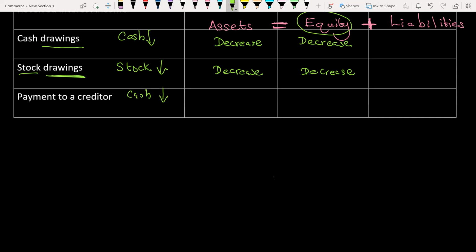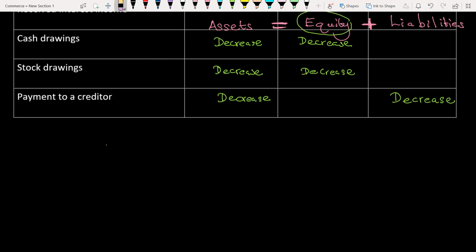This means assets of the business decrease, and creditor is a liability. So the total value of creditors of the business reduces because the business pays cash and settles its liability towards this creditor. So on the other hand, liabilities decrease.